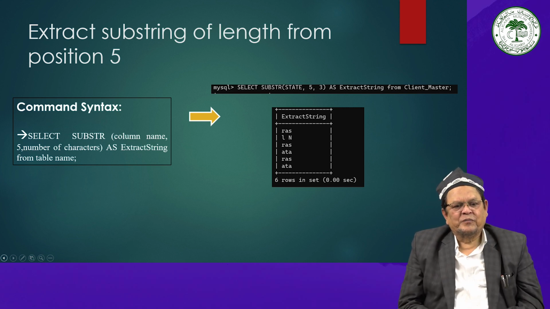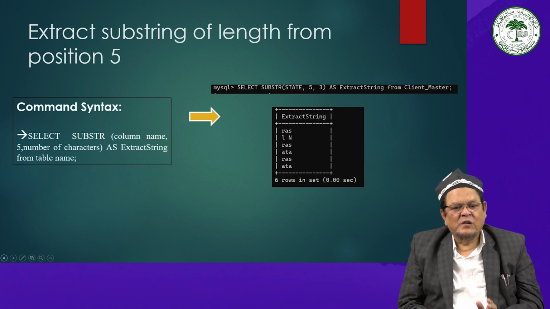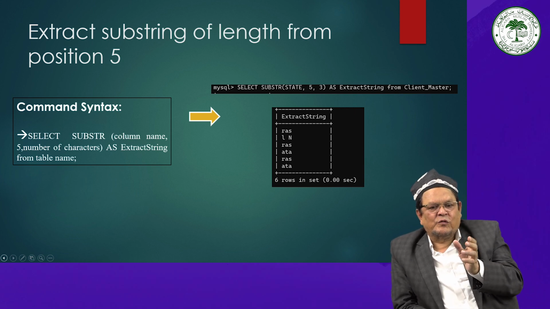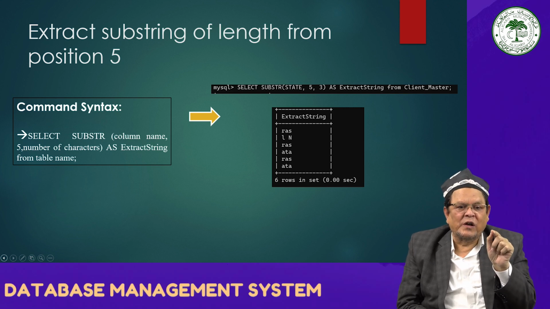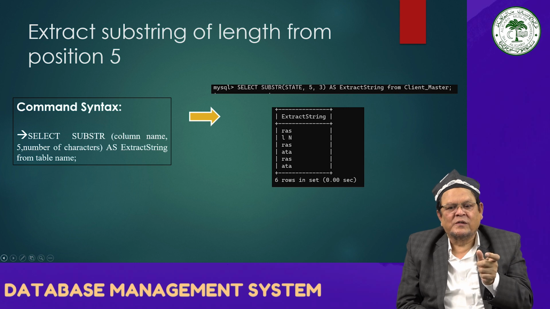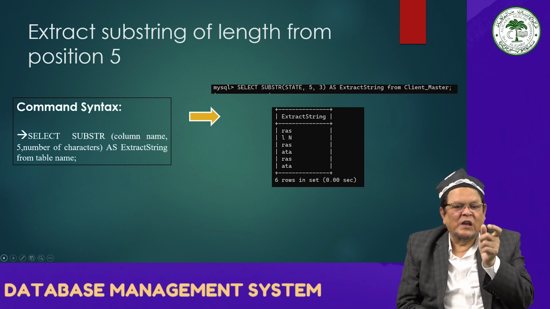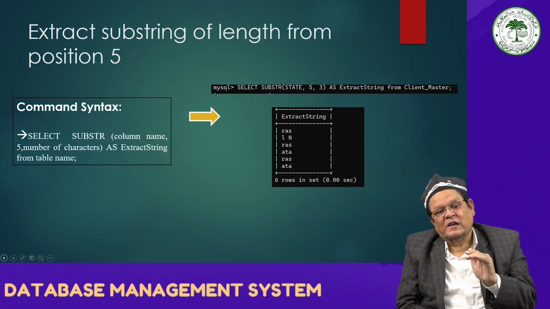So here the command syntax is select SUBSTRING, then within parentheses you define the column name, then the position from where, 5th, and the number of characters, how many characters you want from the 5th position.